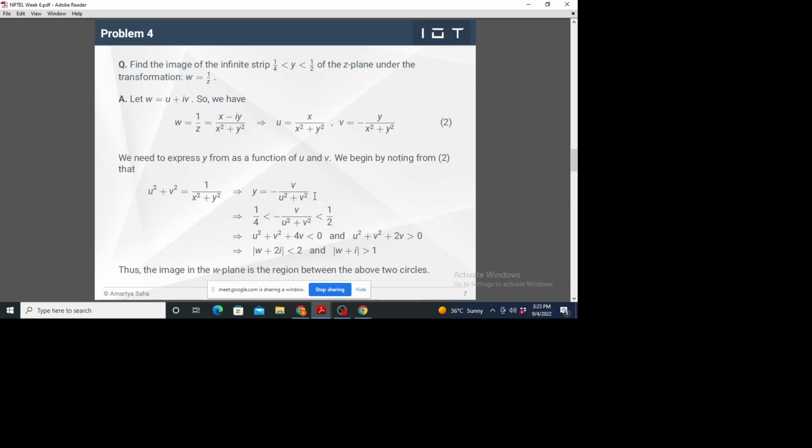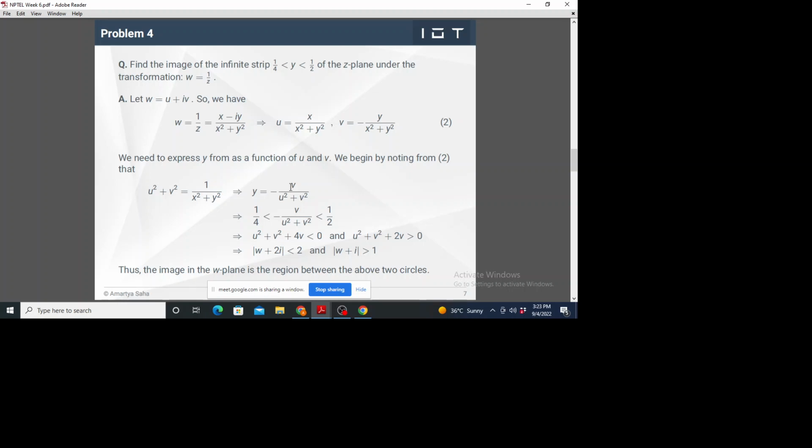So we have expressed y in terms of u and v, and that is what we have to do in this kind of problems. So express x and y, so express the variables that have been restricted in terms of the transformed variables.